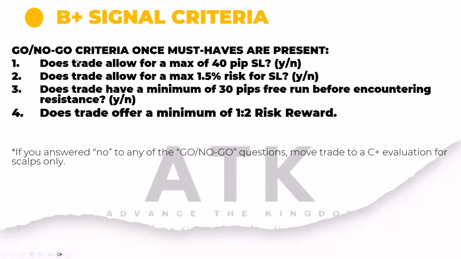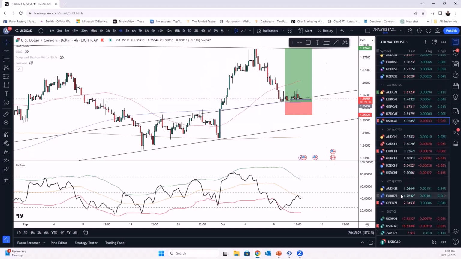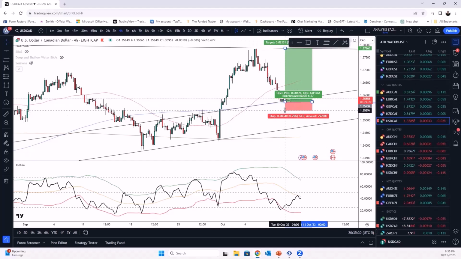And a B says, does the trade allow for a max of 40 pips for a stop loss? So we would have an extended stop loss. And on some pairs that count pips differently, you got to pull down a big stop loss. So let me show you that just real quickly. On USD CAD, I have a 51 pip stop loss. 40 would be right here, which I could get away with a 40.